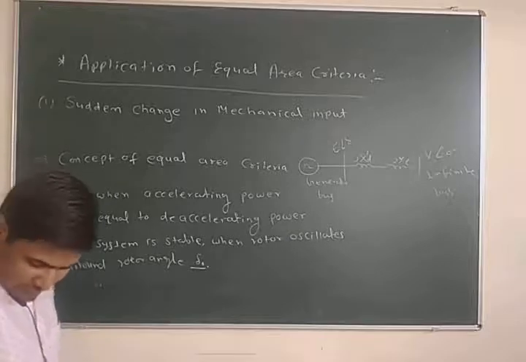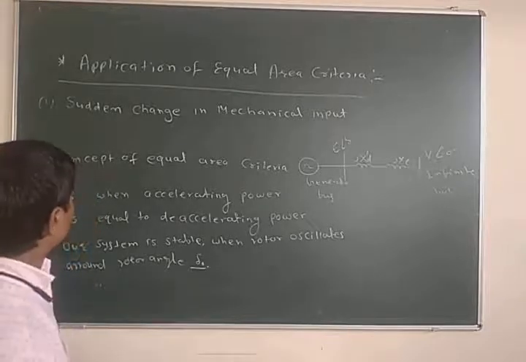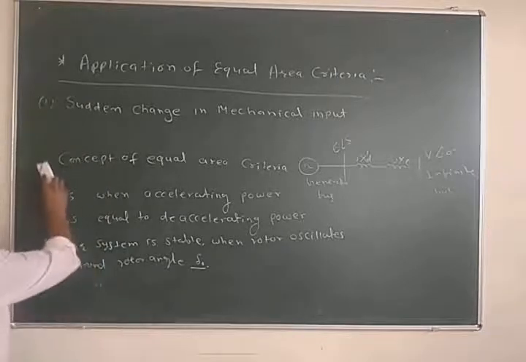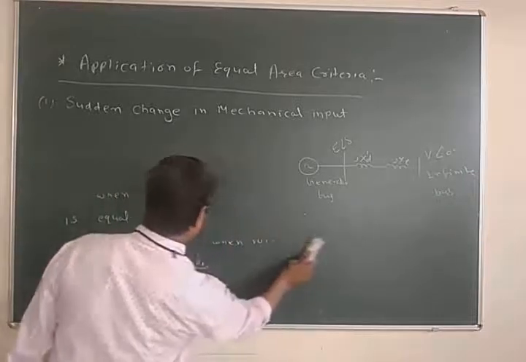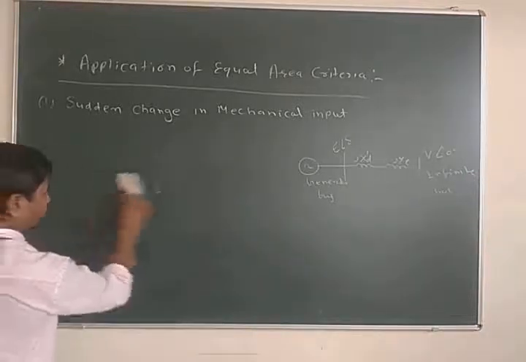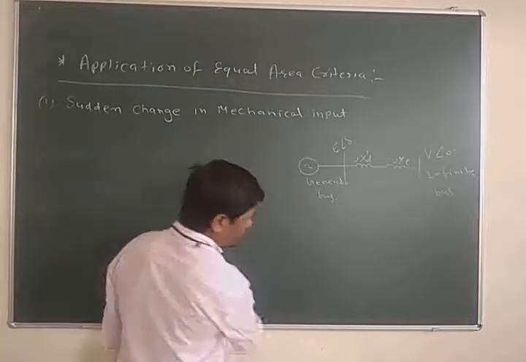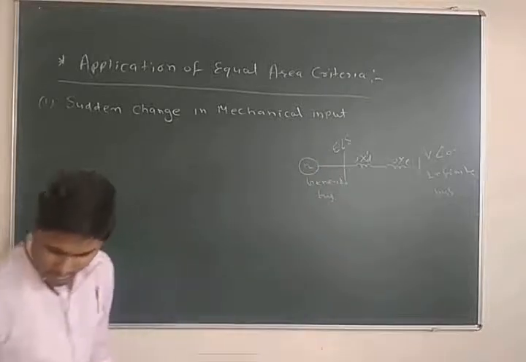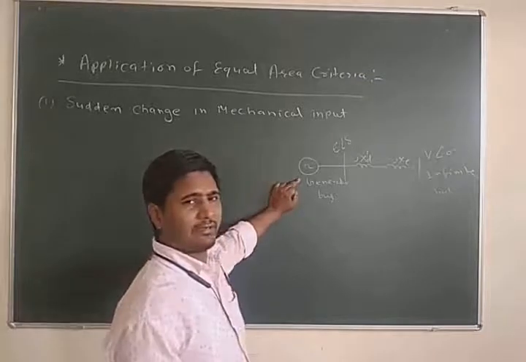So now in this class we discuss the application of equal area criteria. First is sudden change in mechanical input. If there is a change in mechanical input, then the electrical output of the generator will also be affected.